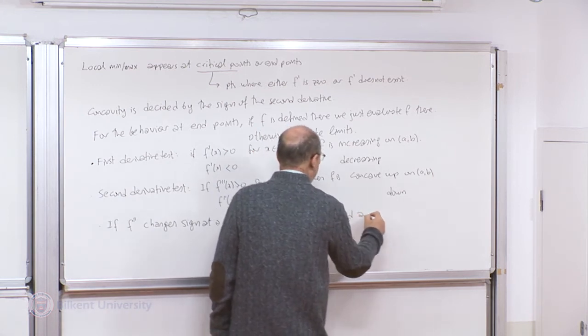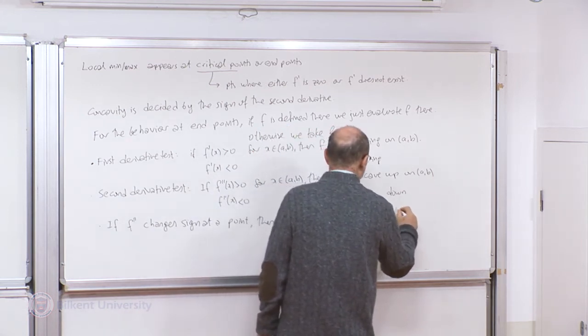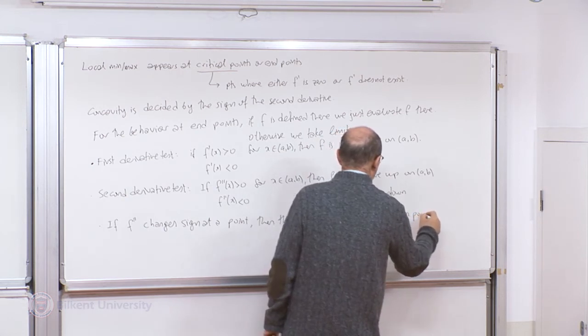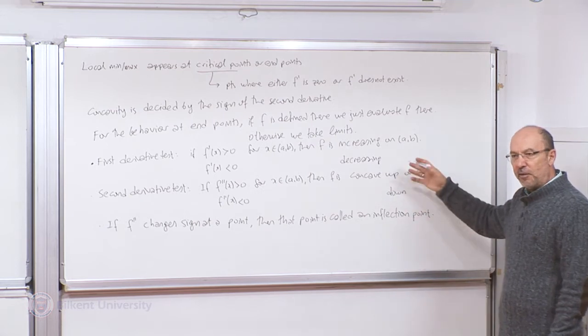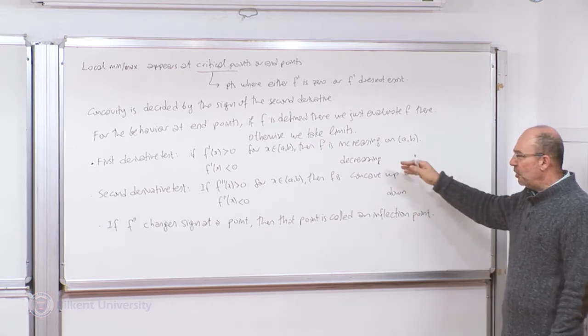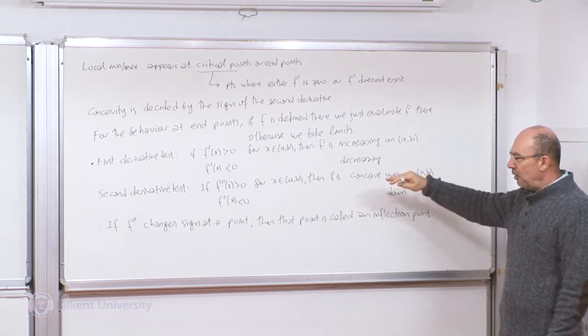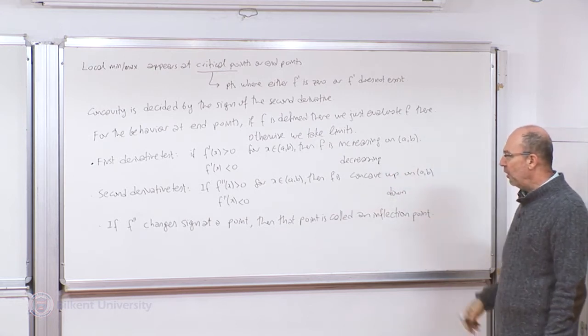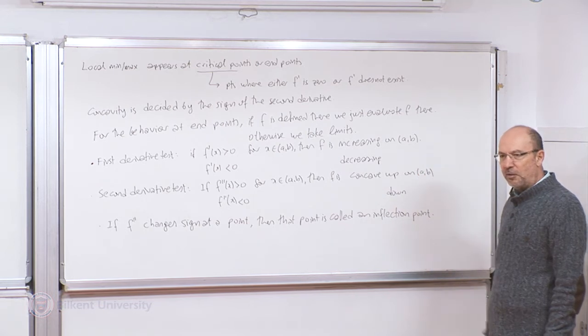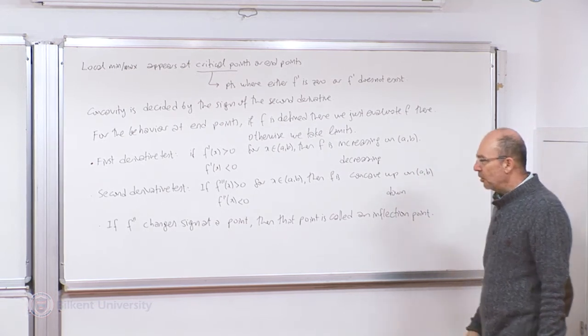It's called an inflection point. Okay, so this is again something useful in drawing the graph, because concavity changes. You want to tie a concave down curve, for example, to a concave up curve. You want to know exactly where they touch each other.